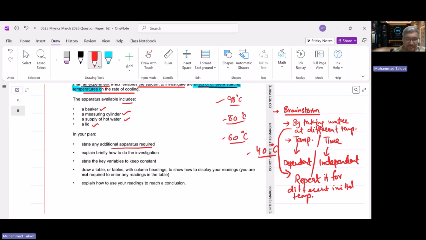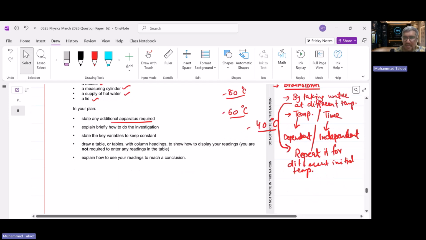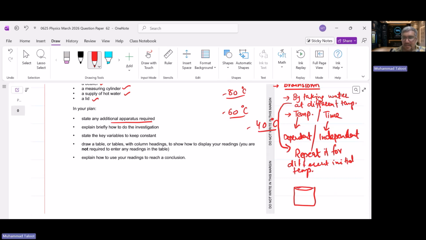You can draw a rough diagram of a beaker and cover it with a lid, but in that lid there should be a hole so that a thermometer can be inserted. It is filled with hot water. One time you do it at 90 degrees Celsius, then again do the experiment with a different temperature.